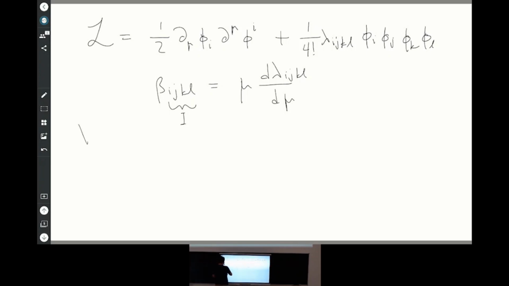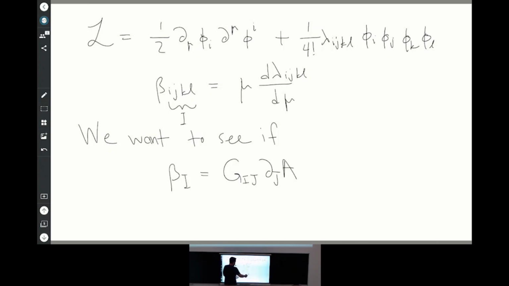So we want to see if this beta I can take this gradient form, where repeated indices are summed over, and I'm not worried about the placement of indices here, for some g that I will simply have to find. It's up to me to find this g, and some a, which is a scalar, that I will also have to find. And this g over here will satisfy these constraints that it's positive definite and symmetric.